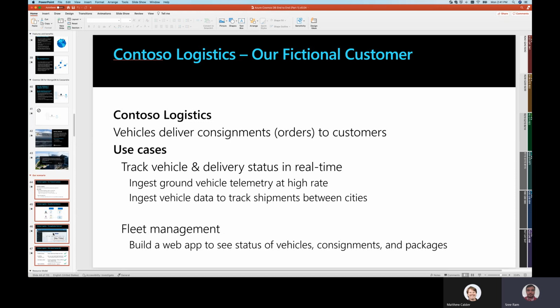And we ingest all the data regarding the shipments and the ability for us to track their shipments all the way from pickup to completeness. So we build a web app to see the status of these vehicles, consignments, and packages. And this web app is built on Cosmos DB.